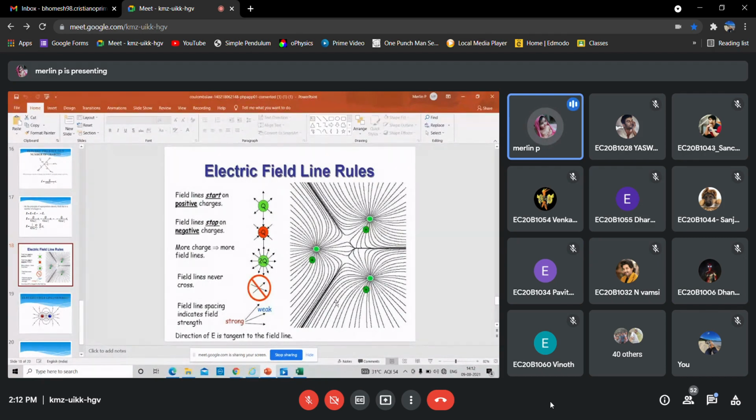The space near a charge will have more electric field than the space far away. I told you in the first class itself, if we place two point charges nearer, the field will be more. Why is the field more?